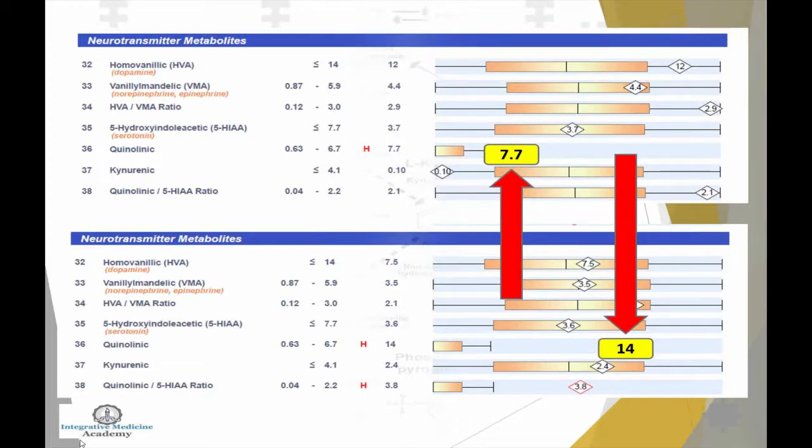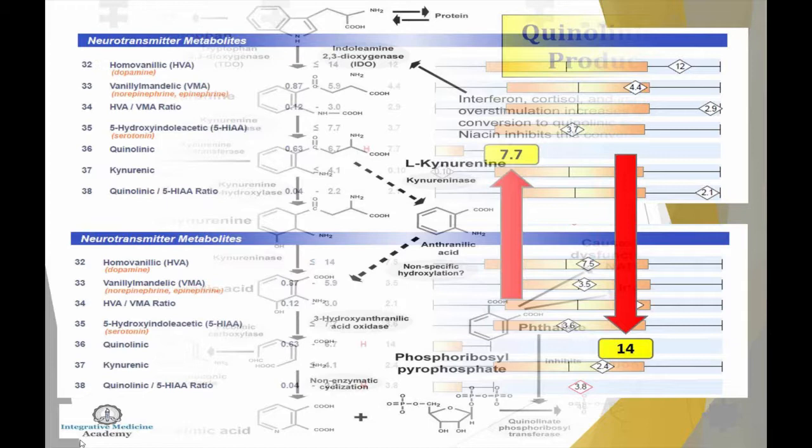Stress in general, okay, increased levels of cortisol, or the presence of chronic infections, whether it's a viral infection, a fungal infection, a bacterial infection, could also be the trigger for high quinolinic acid itself, because those stressors activate an enzyme called IDO, and IDO takes tryptophan and converts it into quinolinic acid.